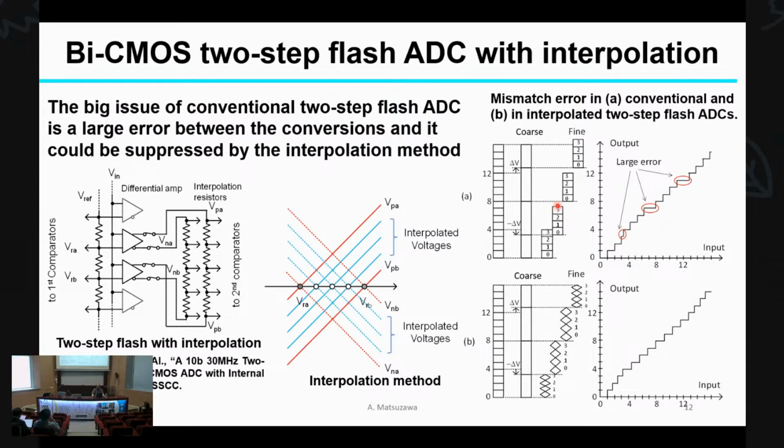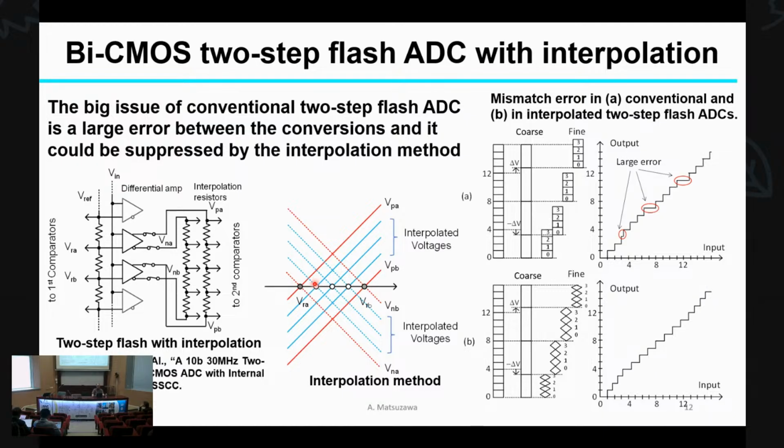So between the two conversion ranges, a large differential nonlinearity error occurs. Maybe this was developed at around 1990. So the method is not mature.